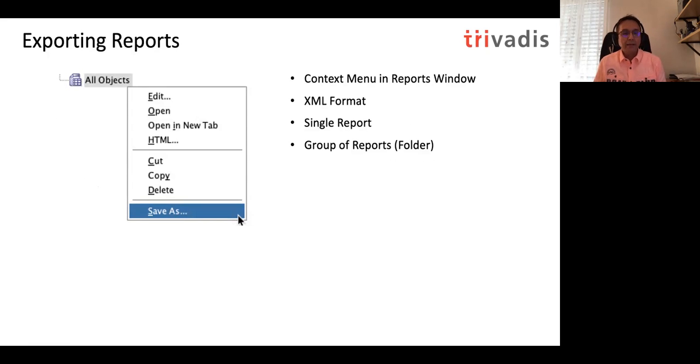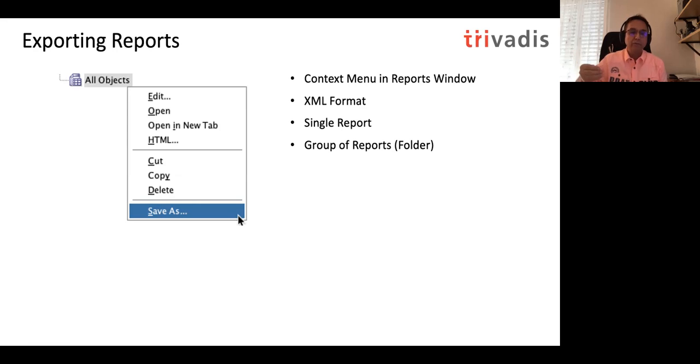When I have created such a report, I can export it. I have defined it within a special area within the SQL Developer. I come to that two slides later. And I can save it as a single XML file. I can save a single report.